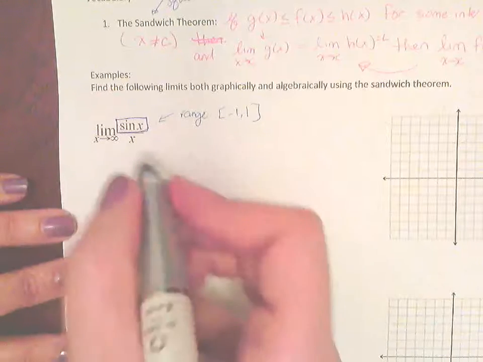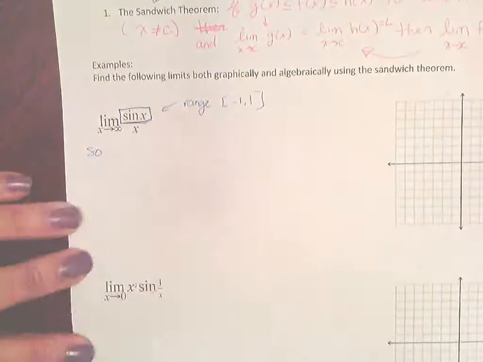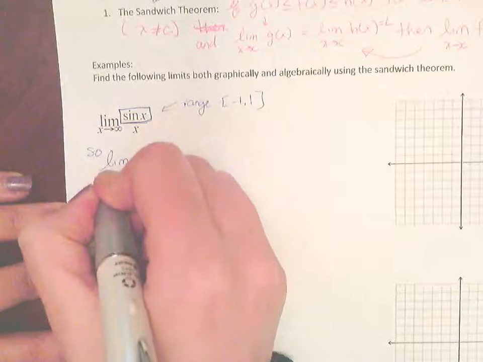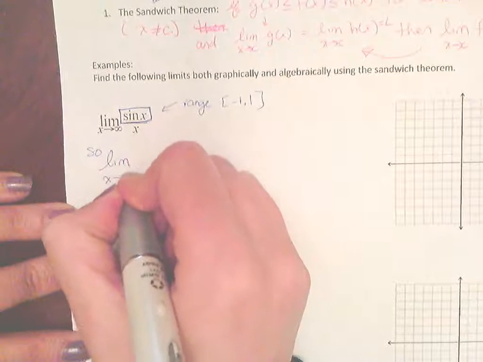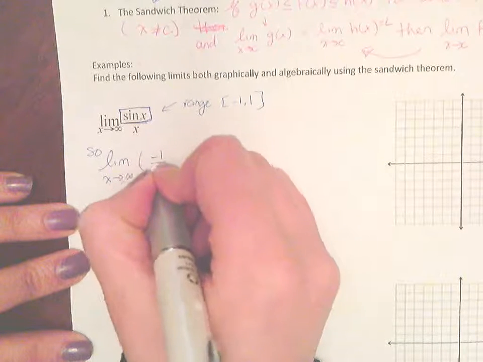So I can break this up into a mini sandwich, and I can say the limit as x approaches infinity from -1 over x.